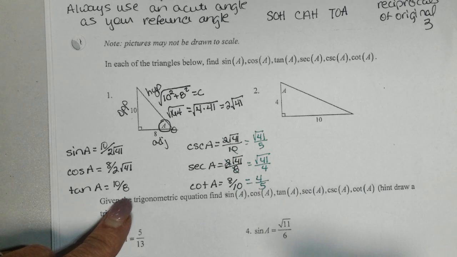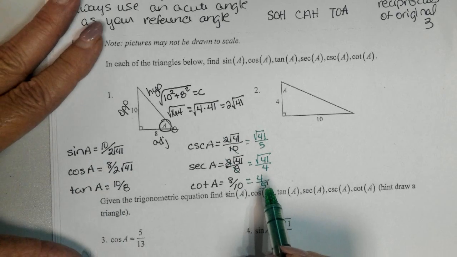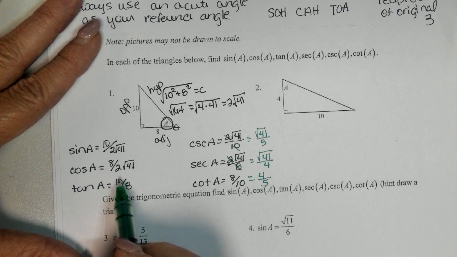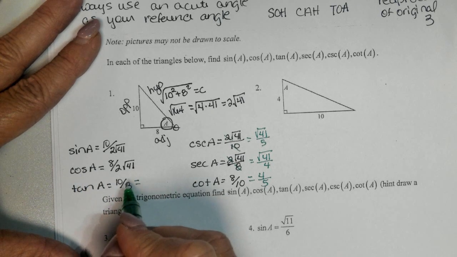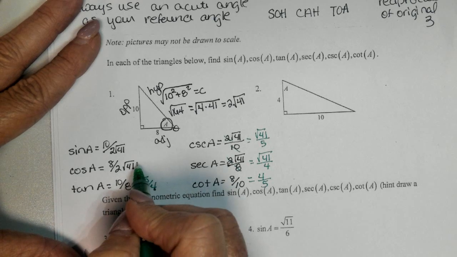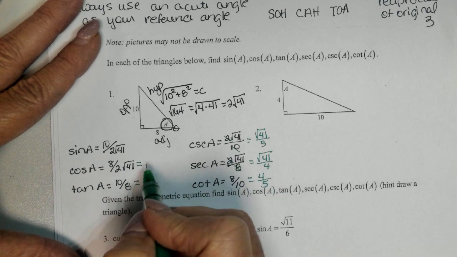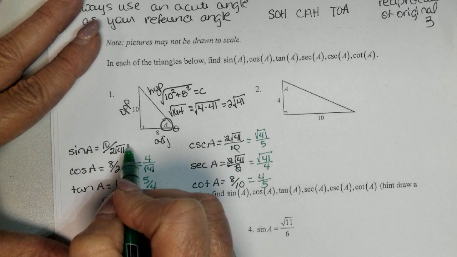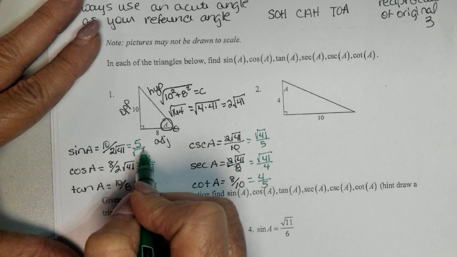Now that I have those reduced, I'm going to come back over here, and I'm going to simplify these. My reciprocal is 5/4. Here we would have 4 over root 41. Here we would have 5 over root 41.